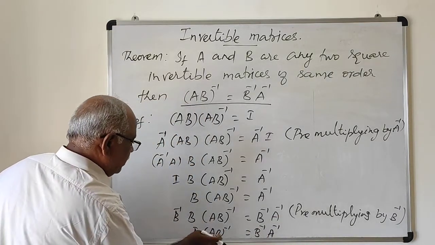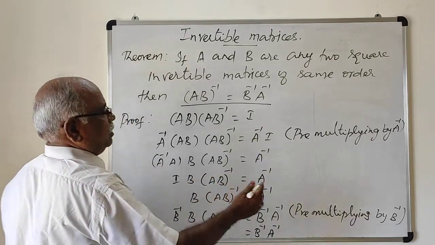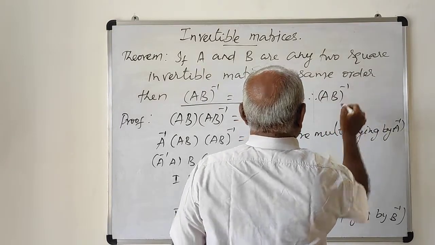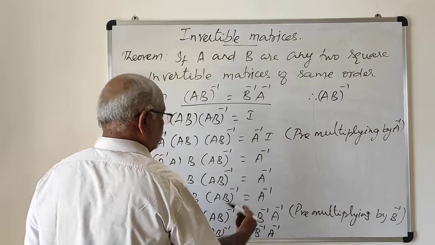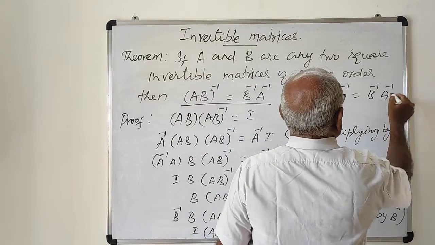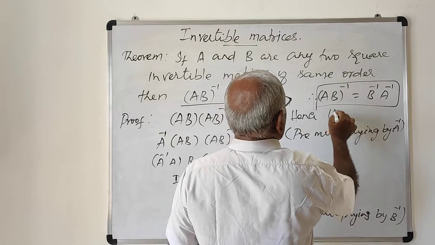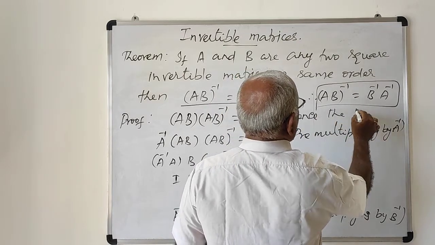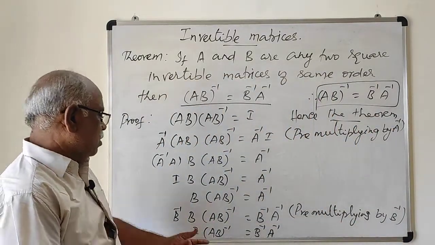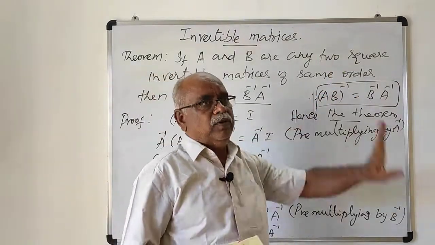Multiplication of I with any matrix is the matrix itself, so I into (AB) inverse is (AB) inverse. Therefore, (AB) inverse equals B inverse A inverse. Hence the theorem is proved. That's all about the theorem.